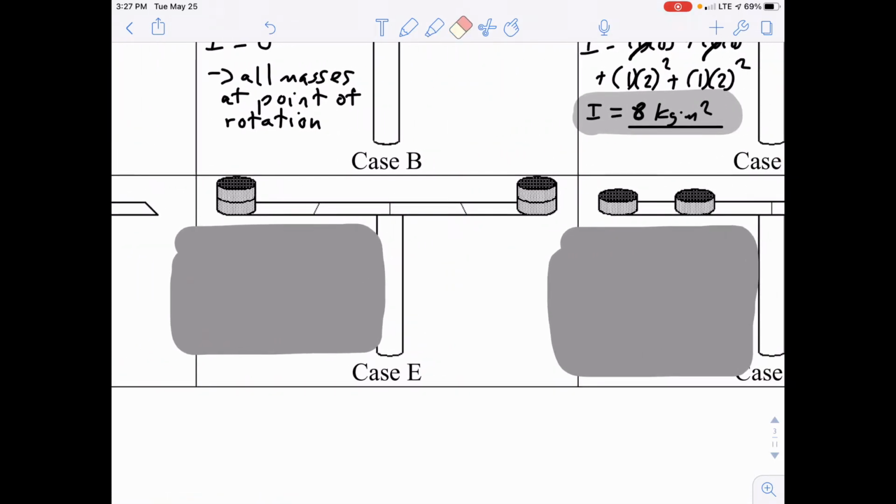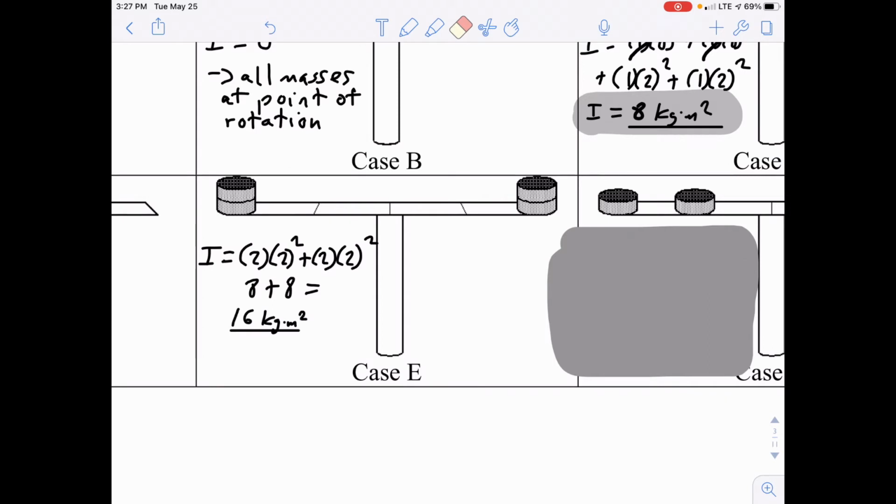Case E. All 4 masses are towards the edge. So we have 2 mass units, 2 distance units away, and 2 mass units, 2 distance units away. So 2 times 2 squared plus 2 times 2 squared. 2 squared is 4 times 2 is 8, plus 2 squared is 4 times 2 is 8. Gives us a total of 16 kilogram meters squared.